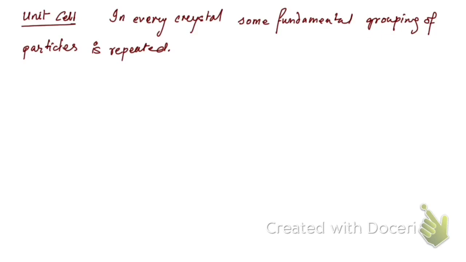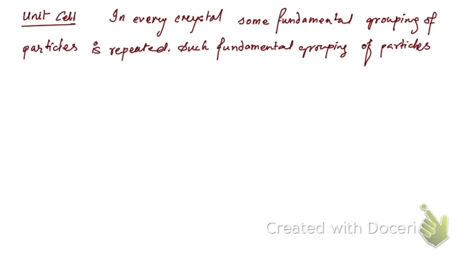Such a fundamental grouping of particles is called a unit cell. This is the definition of unit cell.